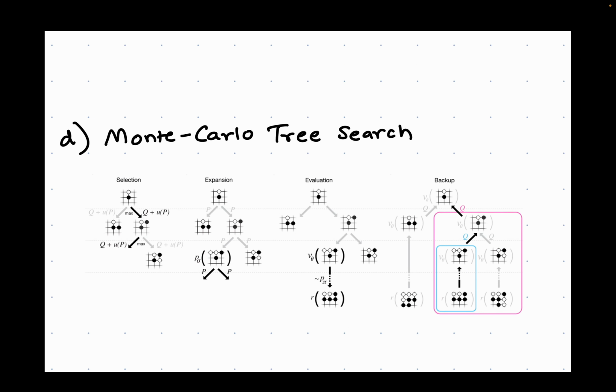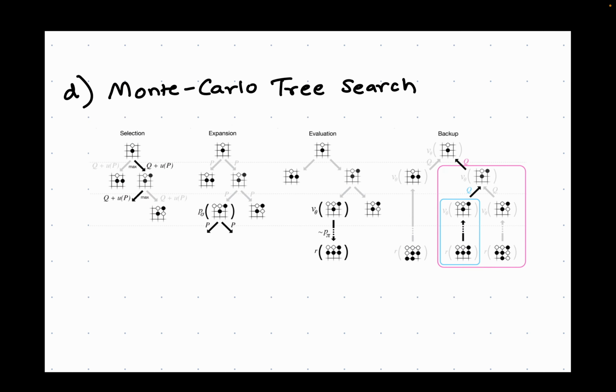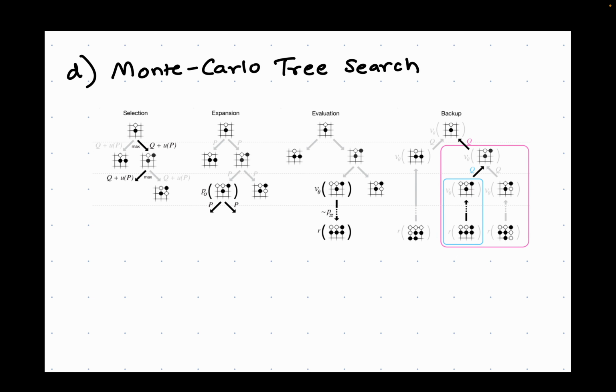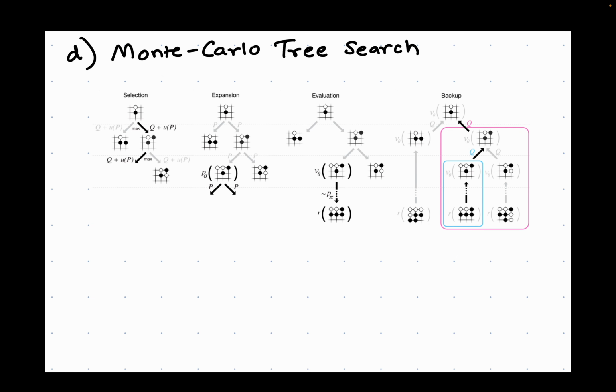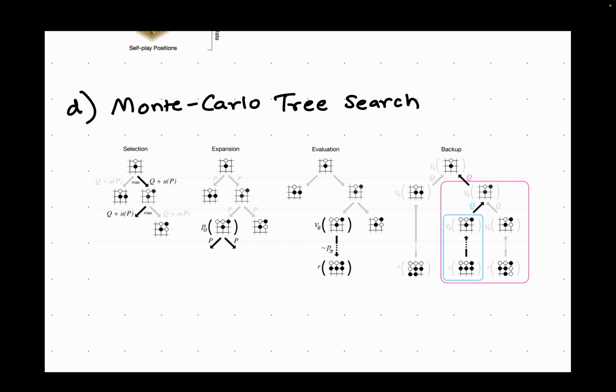Now we come to a very elaborate component of the AlphaGo architecture, which was also a popular methodology to train reinforcement learned systems before deep learning was involved.